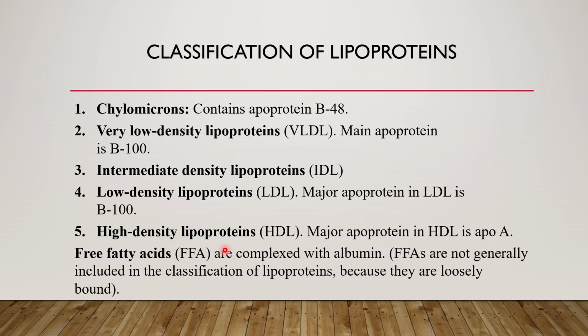Finally you have HDL, in which the major apoprotein is apoprotein A1. We all know that LDL is known as bad cholesterol and HDL is known as good cholesterol. Why is that? That we will see. We also have free fatty acids, which are complexed with albumin and carried that way, but they are not included in this classification.